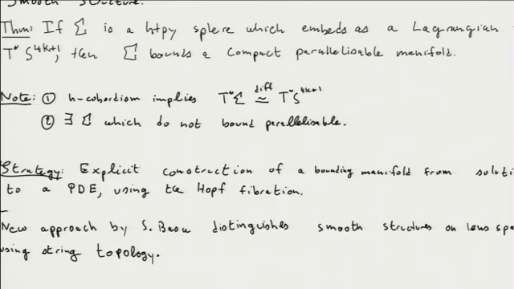So in particular, if you could find some exotic sphere that does not bound any parallelizable manifold, then its cotangent bundle is very different from the cotangent bundle of the standard sphere, because the cotangent bundle of the exotic sphere has a zero section which doesn't bound a parallelizable manifold, but the standard sphere has this property. So that's one thing you get.